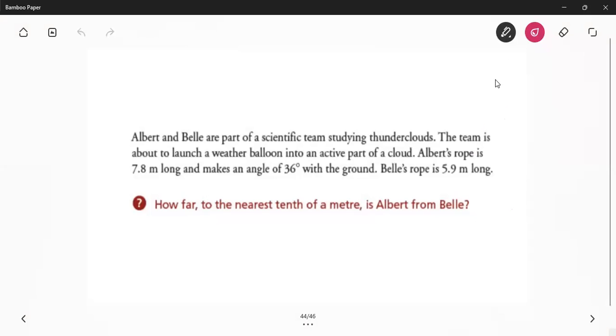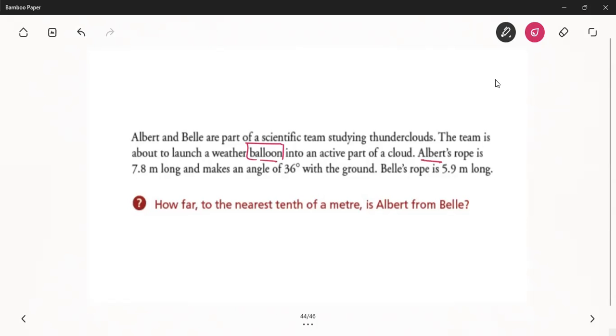Now, guys, look at this. We have two persons here, Albert and Bell, who are doing some kind of scientific research. They are going to launch a balloon.